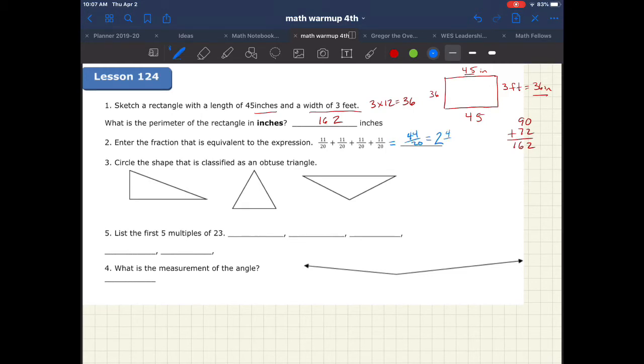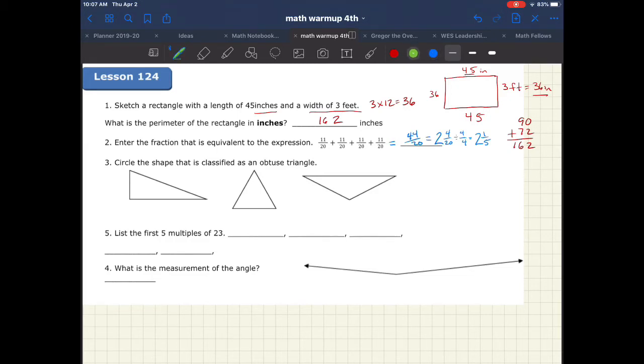You could say 2 and 4/20. And if you want to go even further, you could divide that 4/20 by 4/4 and say that it is 2 and 1/5. But if you have any of those answers, you are correct.